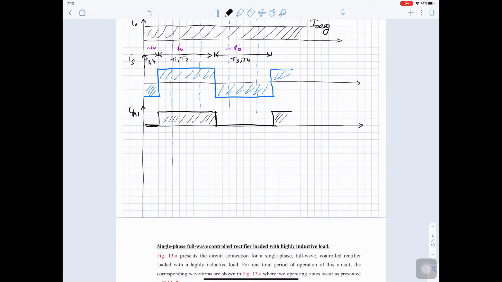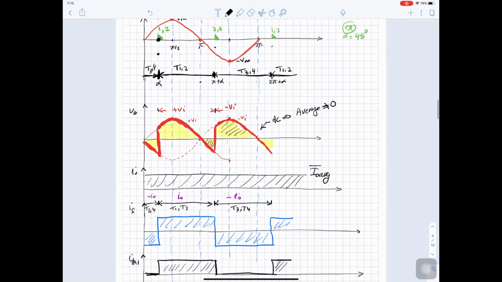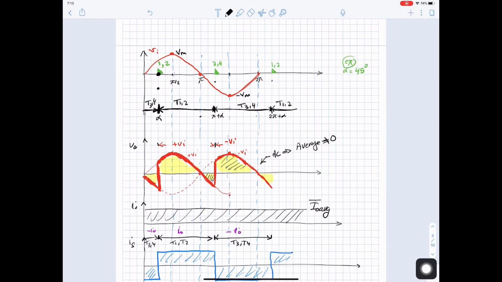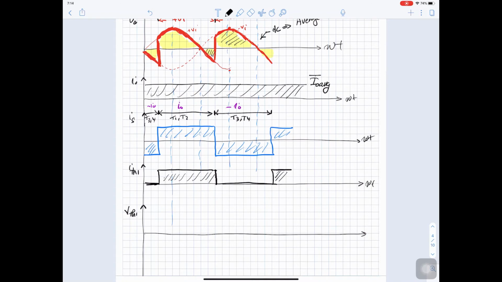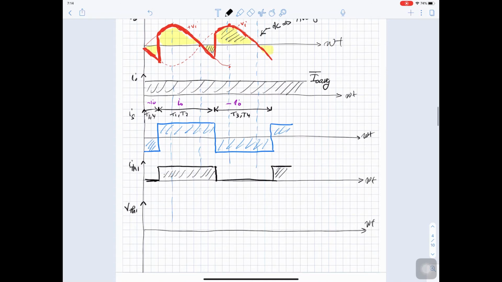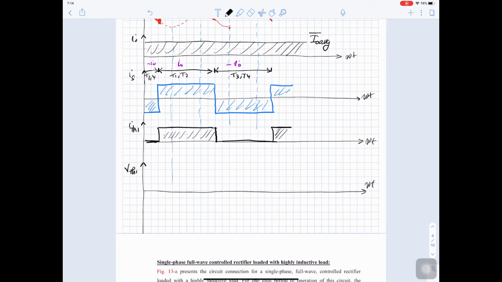Okay, then we can sketch any V thyristor. Let's sketch V thyristor 1. You can sketch any voltage for any thyristor. So here is omega t. So we can sketch V thyristor 1.